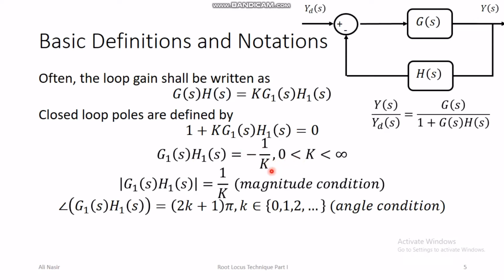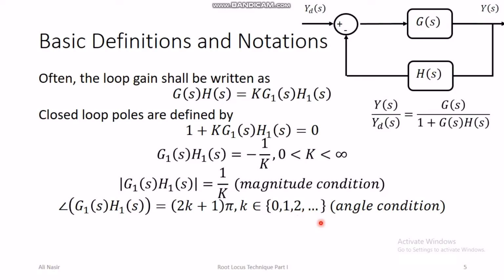And if you take the magnitude on both sides, the magnitude of minus 1 over K is just 1 over K, and on the left hand side you have the magnitude of G1(s)H1(s). This is called the magnitude condition. Similarly we have the angle condition, where the angle of G1(s)H1(s) equals (2k plus 1) times pi, where k could be 0, 1, 2, 3, 4, 5 and so on, any whole number.